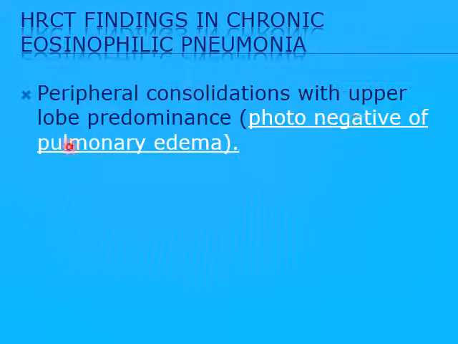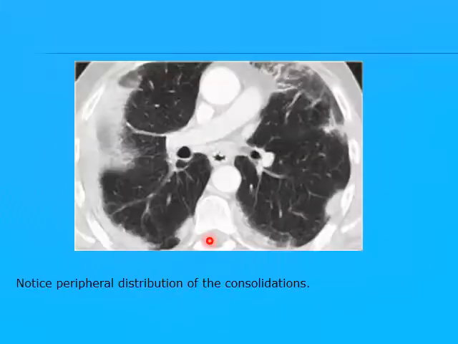Peripheral consolidations of upper lobe predominance. It means the photonegative of pulmonary edema. You know, pulmonary edema usually affects the perihilar region and spares the periphery of the lung. But this one affects the periphery of the lung and spares the perihilar regions.